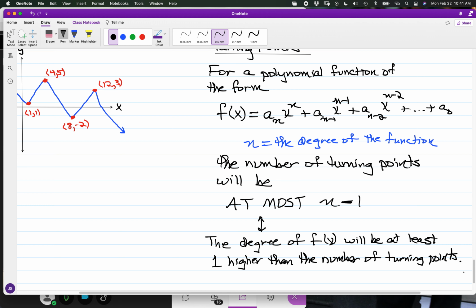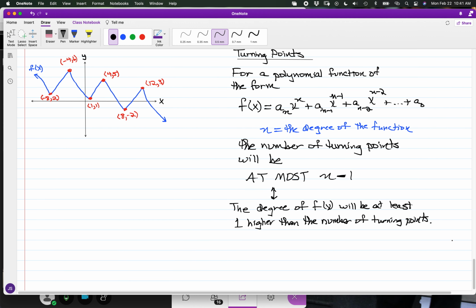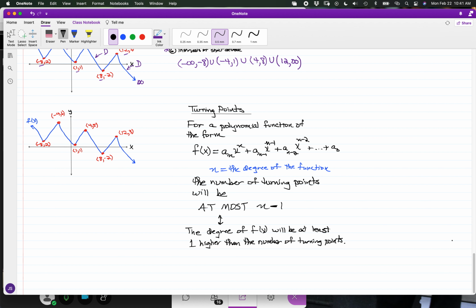Okay, and just kind of bringing it into focus. So we had for this function f of x, in other words, for the number of turning points, you're counting up all the dips and peaks all together.